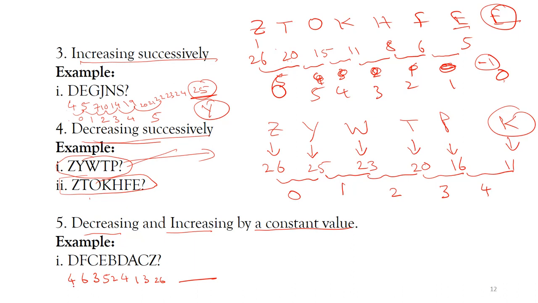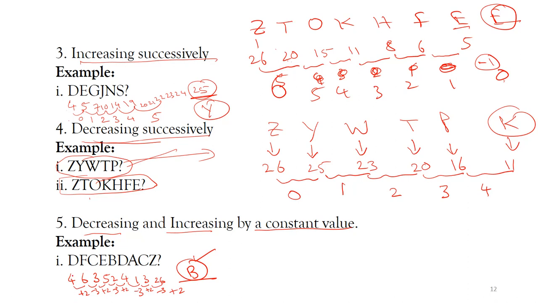So 4 plus 2, 6 minus 3, plus 2, minus 3, plus 2, minus 3, plus 2, minus 3. So next should be plus 2. That means 26, 27, 28. 28 is B. B should come here.